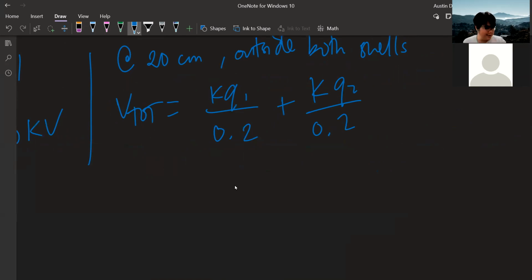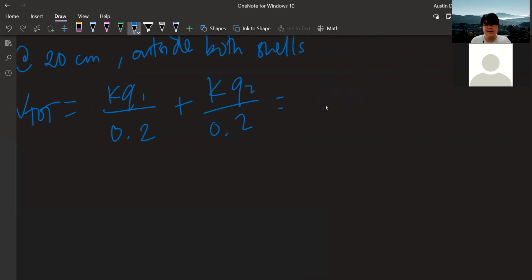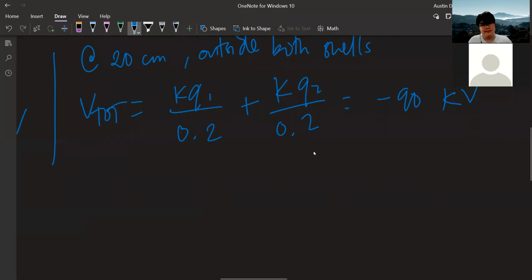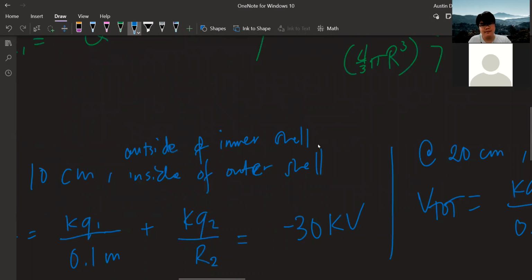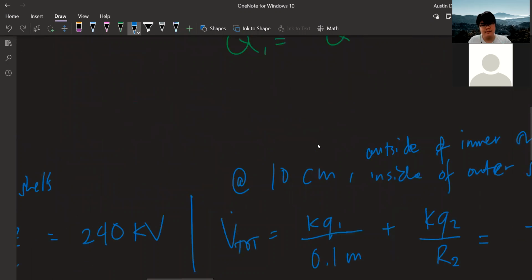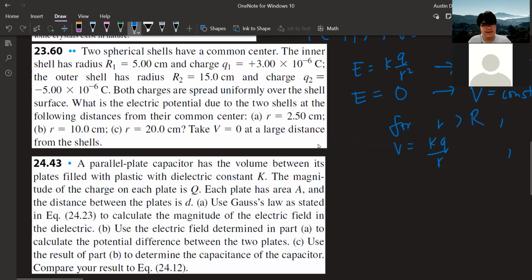Okay, so don't forget to use Google. May conversion naman. And this would result to a negative 90 kilovolts. Okay, so that's for that question.